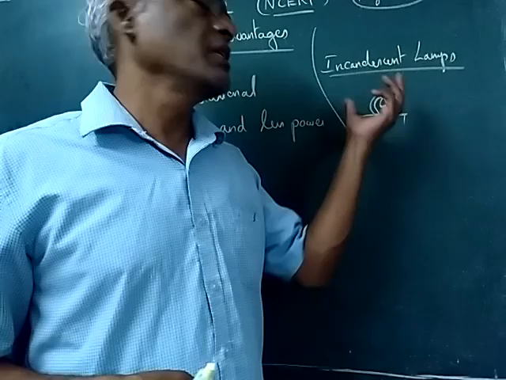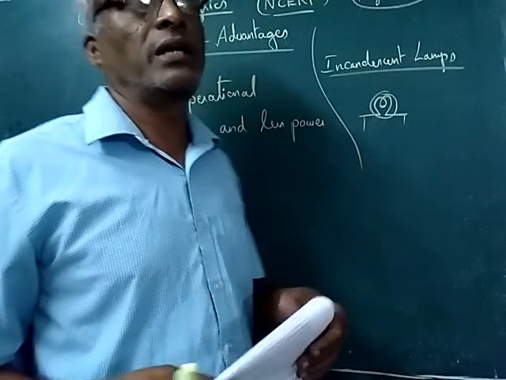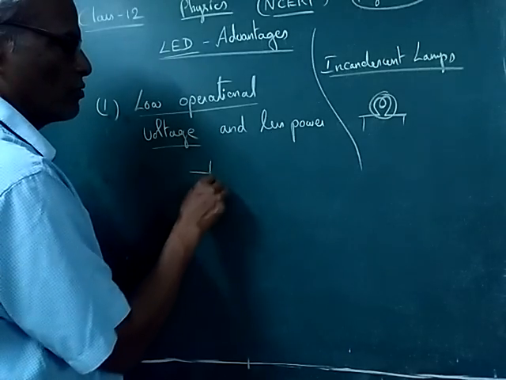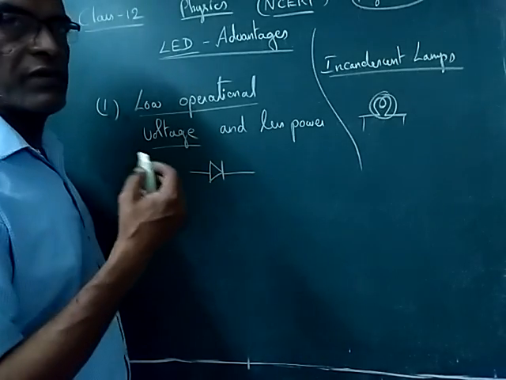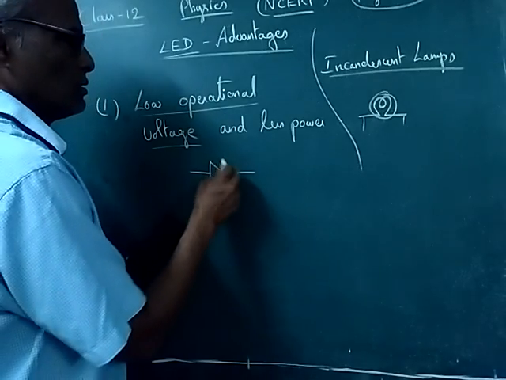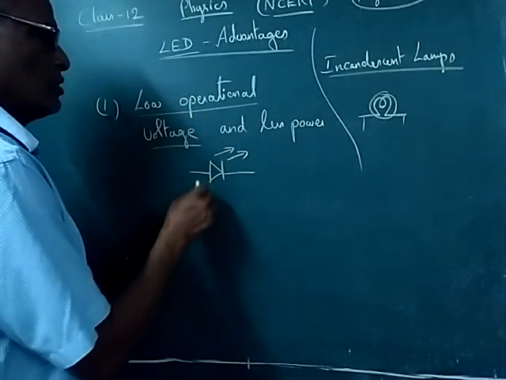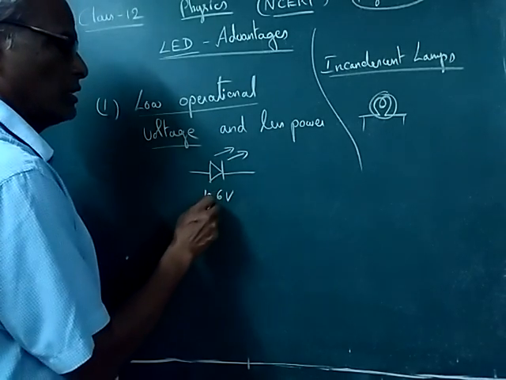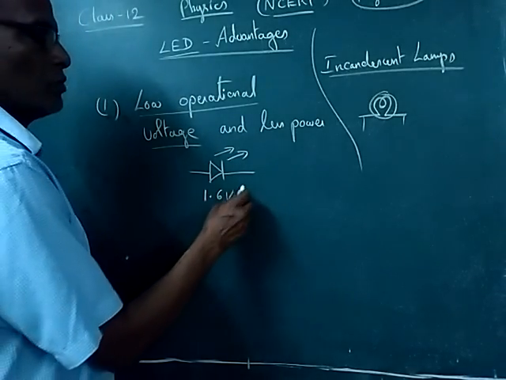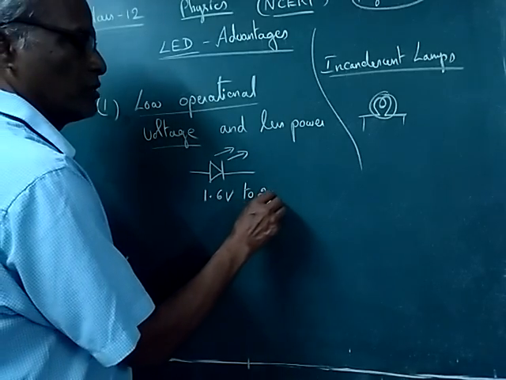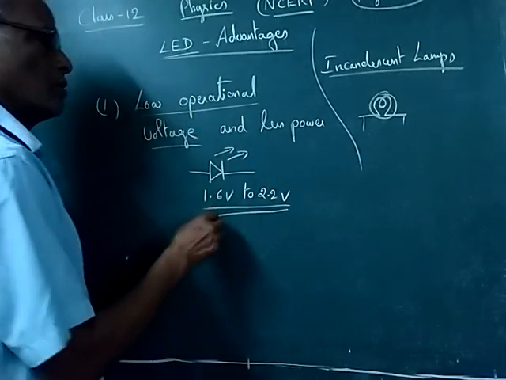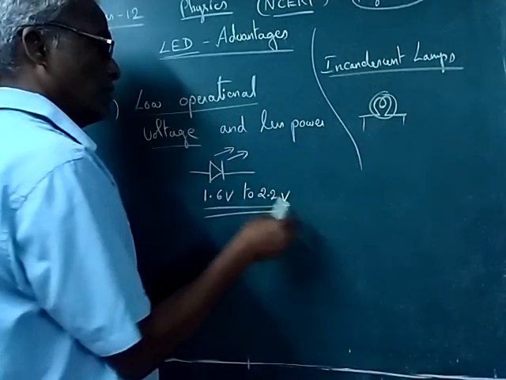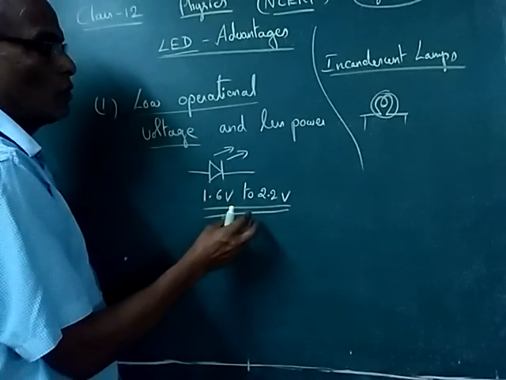So the operational voltage here is 230 volts, whereas for LED, low operational voltage means the LED forward bias voltage, which depends upon the wavelength, the color also. So it emits light. The voltage across the LED roughly starts from 1.6 volt, depending on the color, and goes up to 2 to 2.2 volts based on the wavelength. Anyhow, the lamp works with 230, whereas the LED operates with very low voltage.